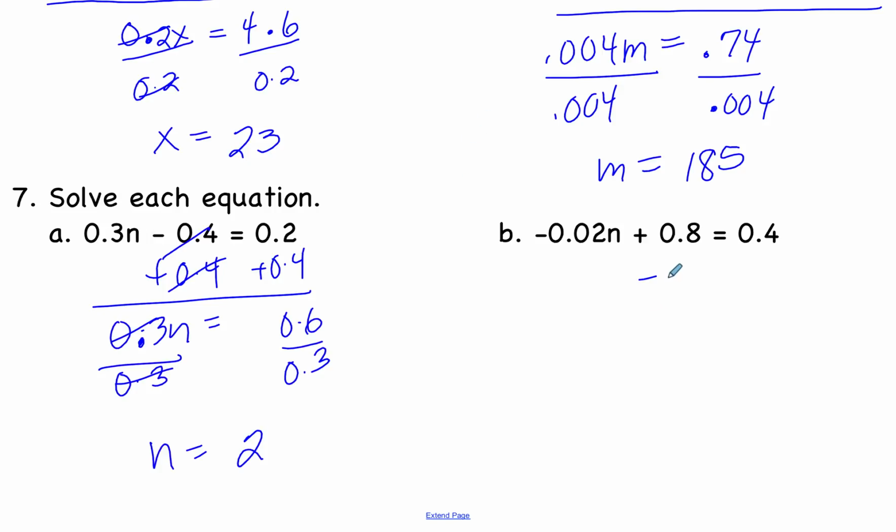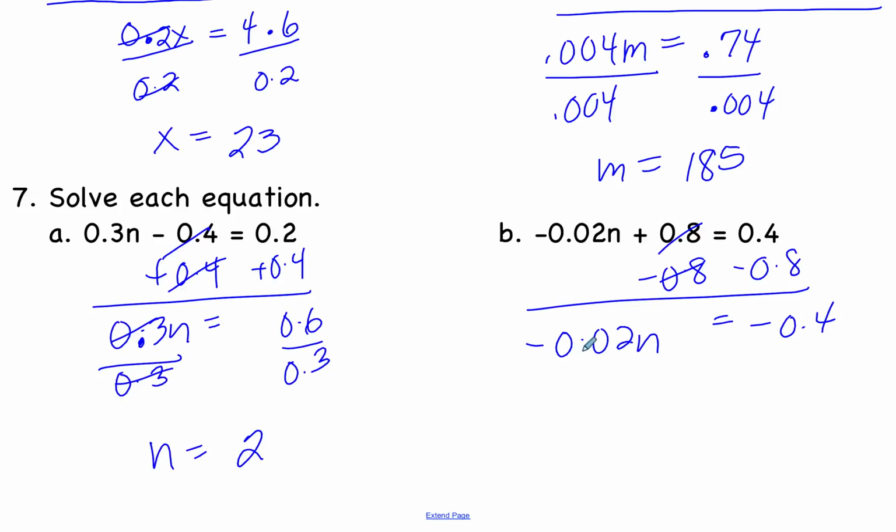Last one, subtract 0.8 on both sides. And these two cancel. Here's my equal sign. And on this one, I'm going to have 0.4 minus 0.8 is a negative 0.4. Negative 0.4. And we have negative 0.02n on the left-hand side.